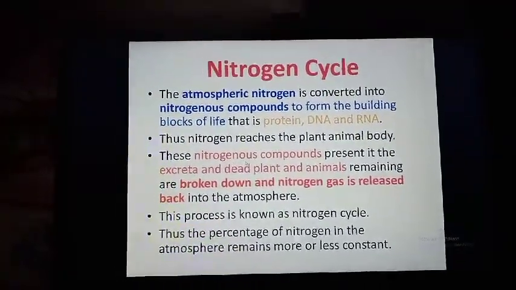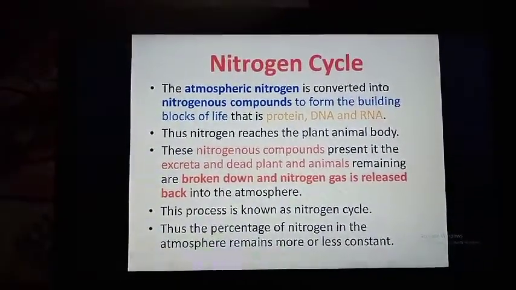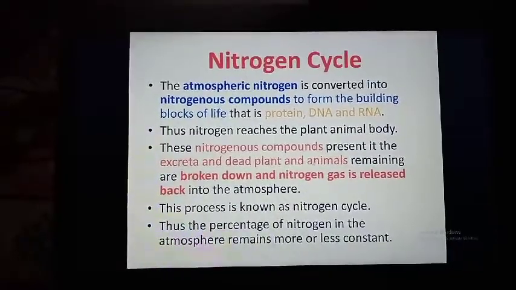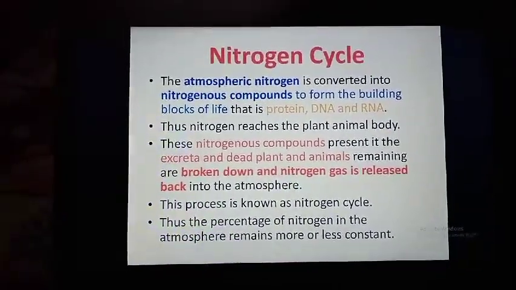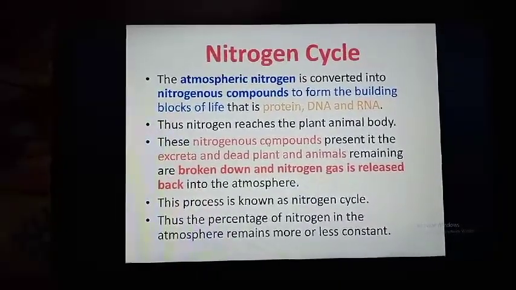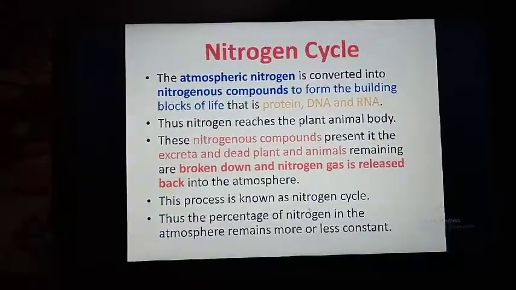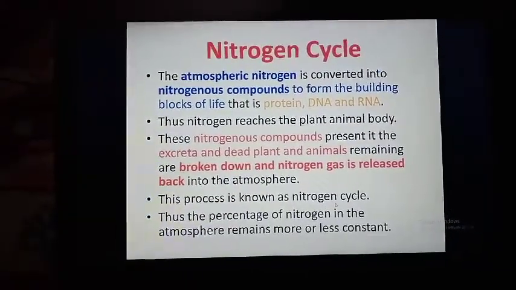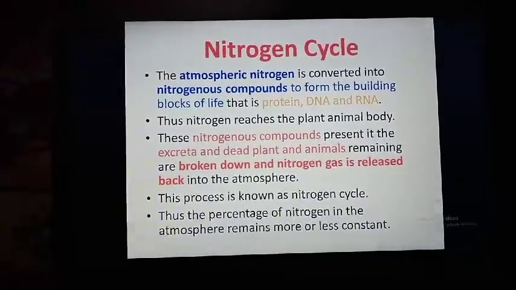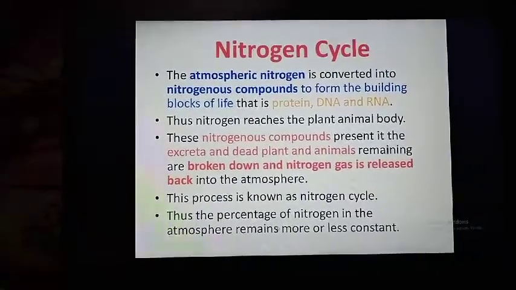This nitrogenous compound present in the excreta and dead plant and animal remains is broken down and nitrogen gas is released back into the atmosphere. This process is known as the nitrogen cycle. Thus, the percentage of nitrogen in the atmosphere remains more or less constant.